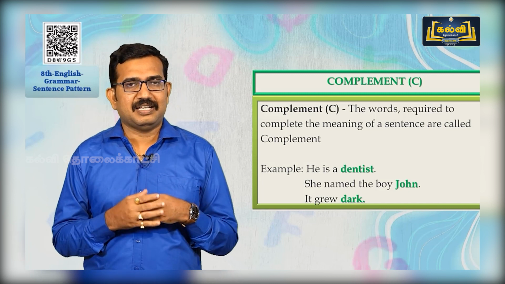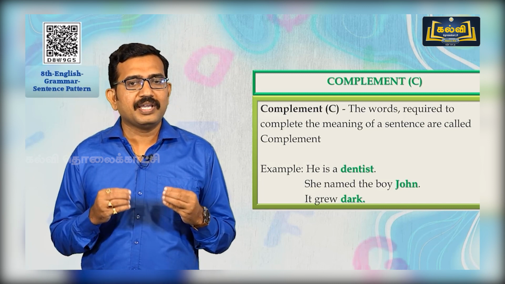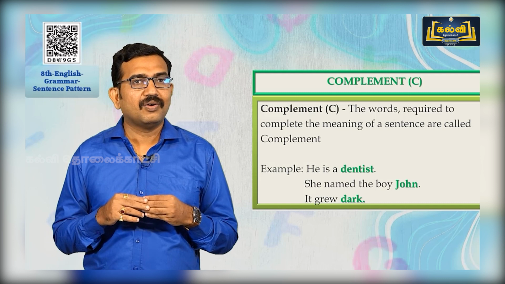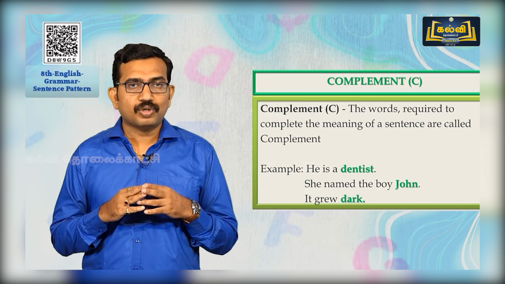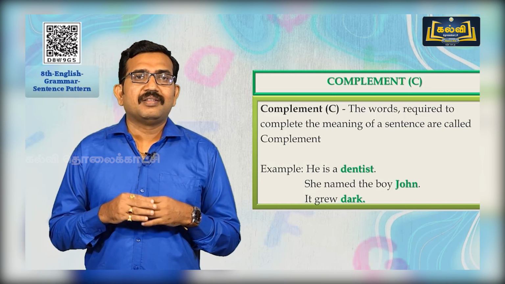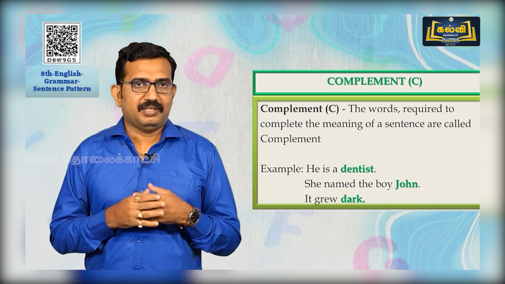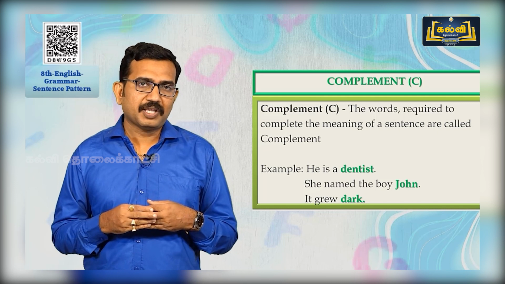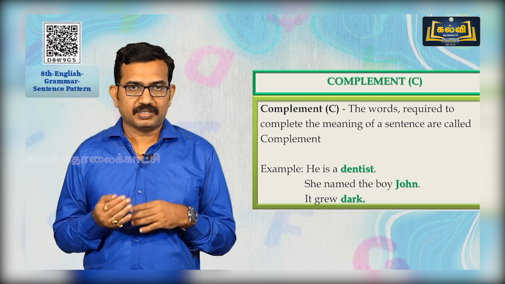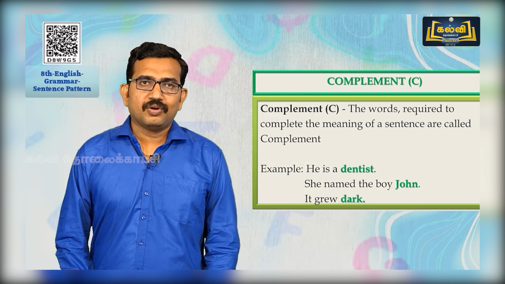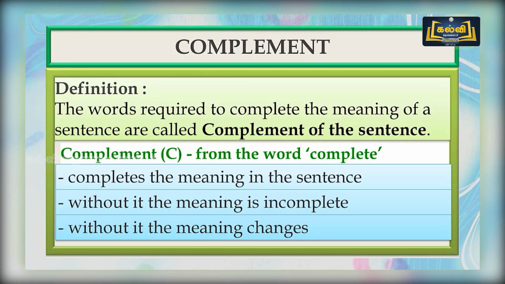We'll check the next example. She named the boy John. Here, if we remove the name John, it is not complete. The main thing is, what is the name given for the boy? So it's incomplete without that. It grew dark. Here also dark is a complement. Let's check the definition for this. The words required to complete the meaning of a sentence are called the complement of a sentence.